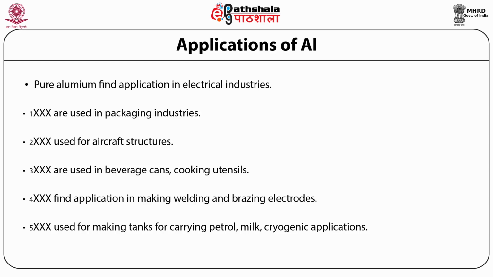2XXX series of alloys are extremely popular because of their high specific strength as a result of precipitation hardening ability. That is, 2219-T62 aluminium-6.3 copper can be produced as sheets, plates, and forgings for structural applications.